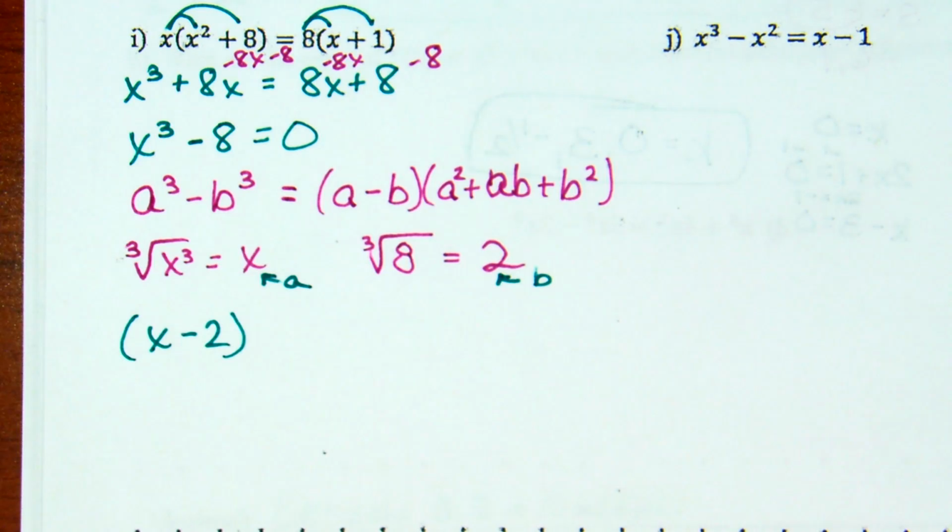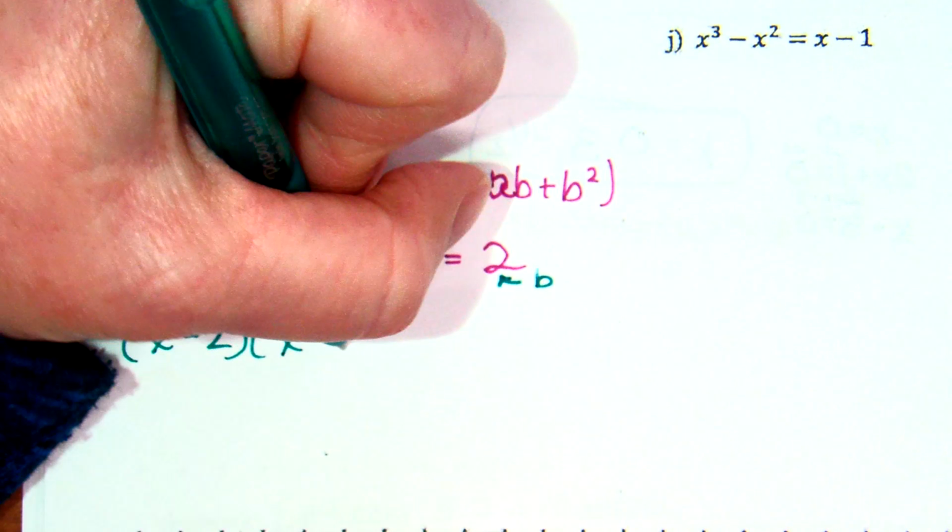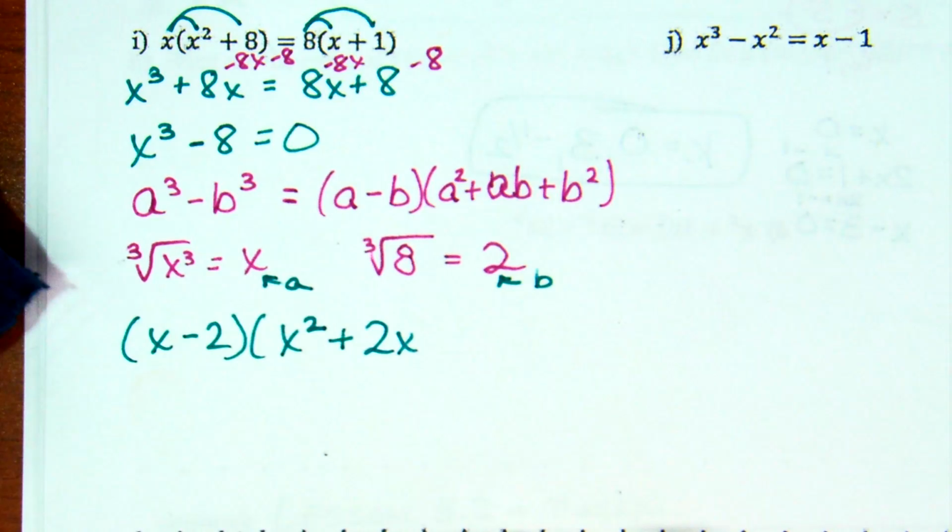Plus, a and b are x and 2, so x times 2, or in other words, 2x, plus b squared. What's b? 2 squared, which is 4. And officially equal to 0.